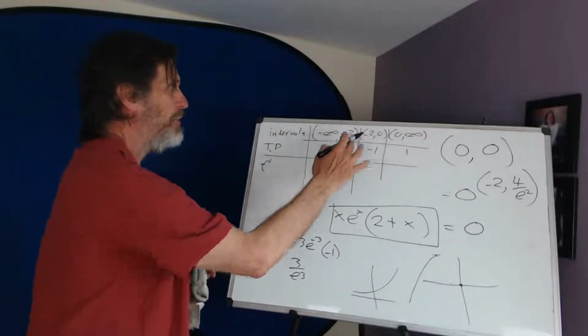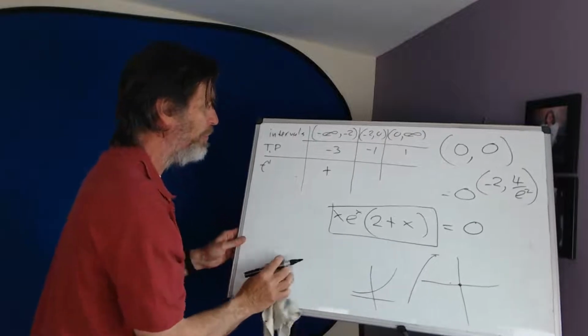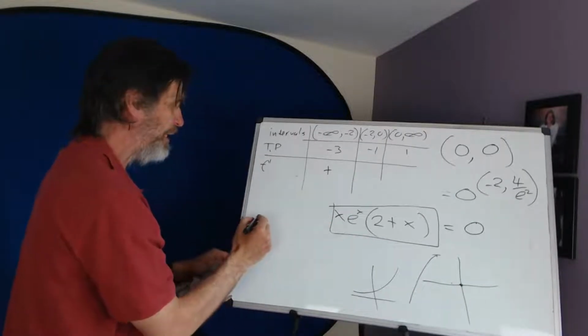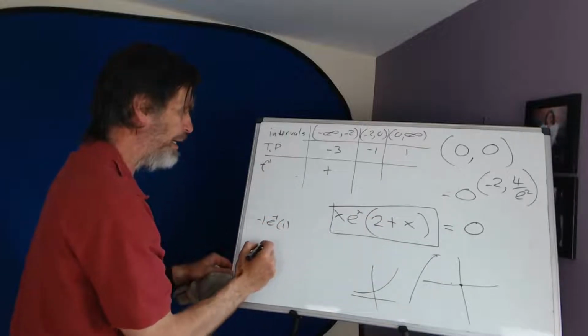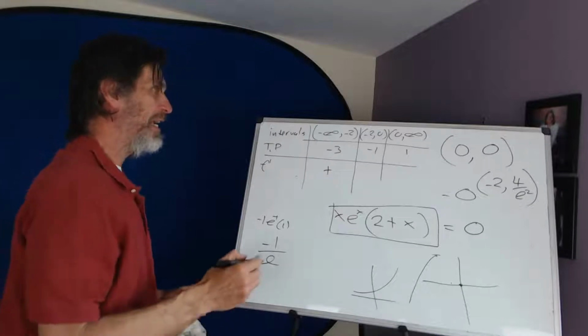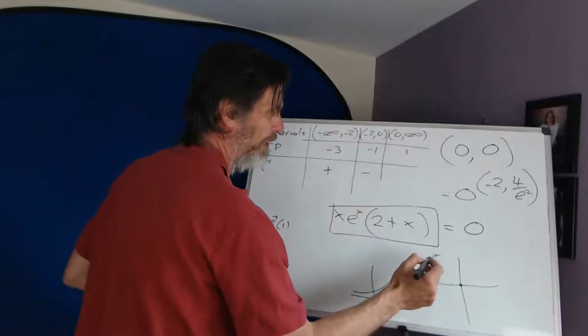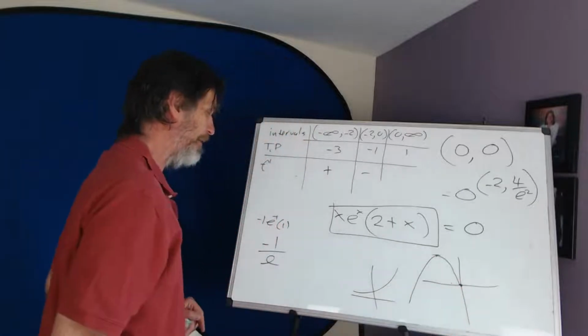Now in between -2 and 0, I'm going to plug in the number -1. If I plug -1 here, I get -1 e to the -1 times 1. That's -1 over e. That's a negative number. Therefore, the function, as I figured before, is decreasing until we get there.